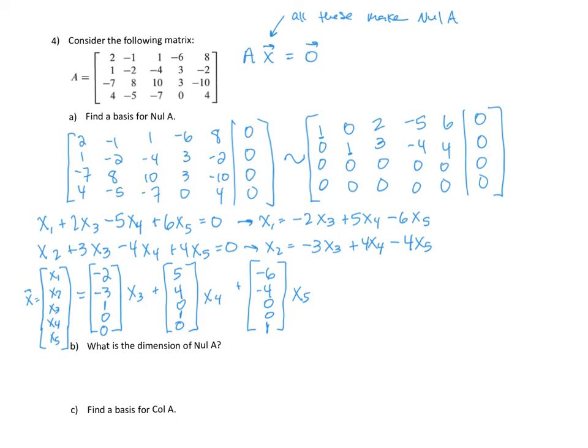Now this is a solution set. This describes null A. All the x's that make that true is null A. So I've just described all the x's that make that true. But if I want to write it as a basis, it's these 3 vectors.